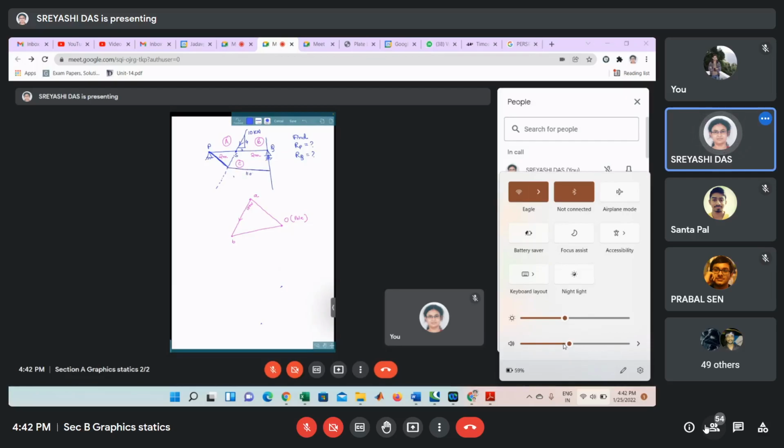So this is parallel to OB, parallel to OA, and we will join this initial point and the end point. Now from O, we will draw a line parallel to this closing line. And this line will cut the vertical from B here. So this will be our point C.